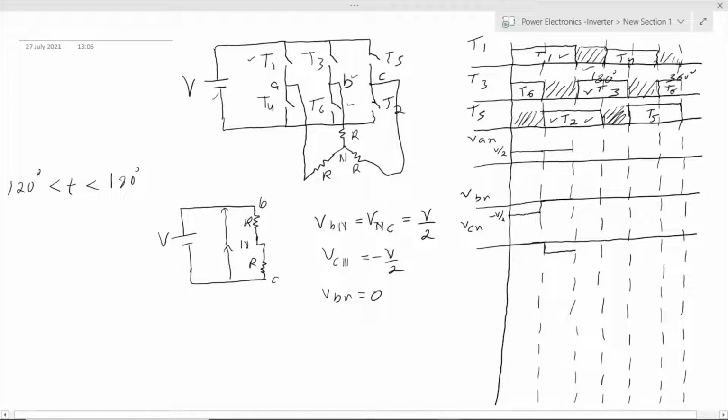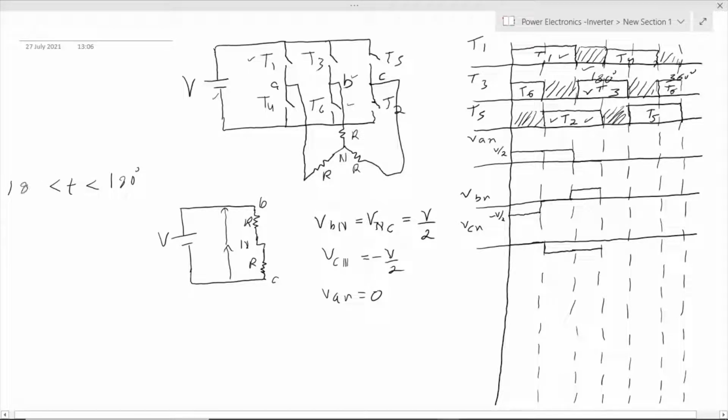VBN will be equal to V by 2 and VCN is equal to minus V by 2. And here VAN will be equal to 0. So VAN is reduced to 0, VBN will be plus V by 2 and VCN will be minus V by 2, remains minus. Okay, then we can move on.